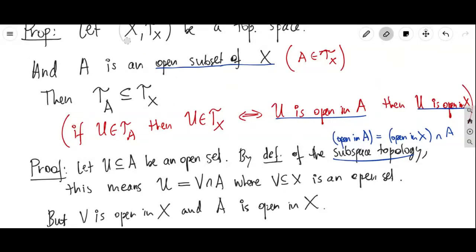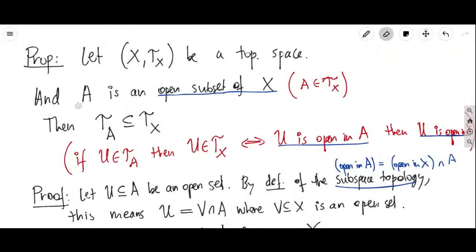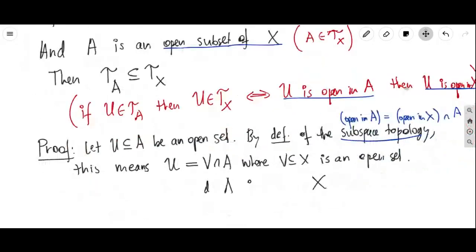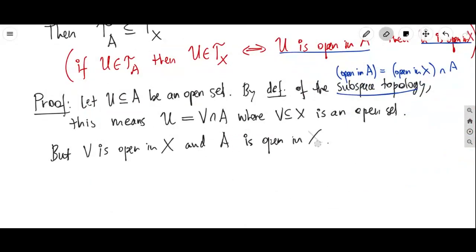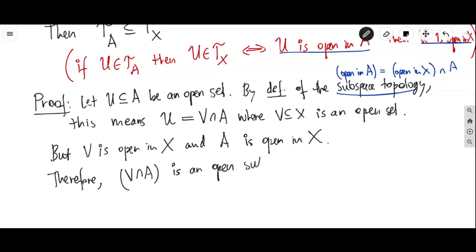And A is open in X because we're making the special assumption that the subset that we chose in the beginning was an open subset of X. So V and A are open subsets of X. Therefore, V intersect A is an open subset of X.